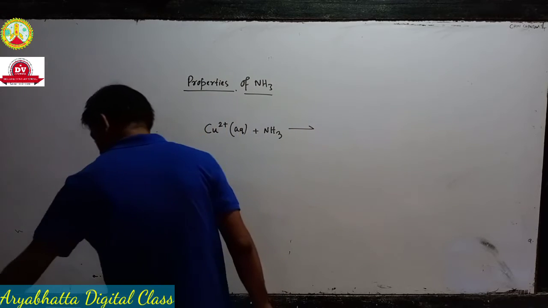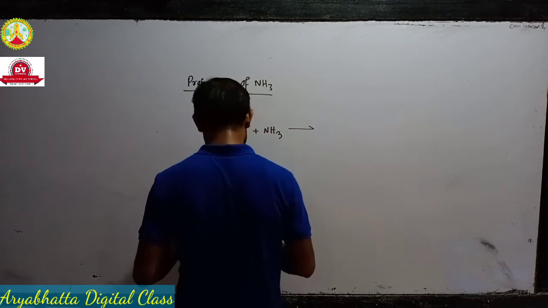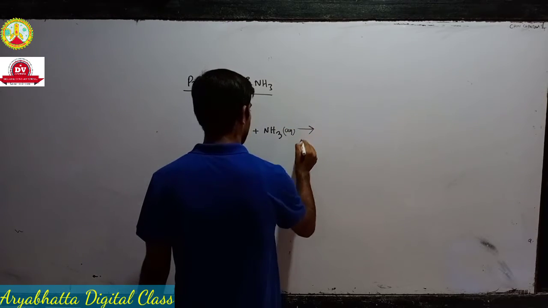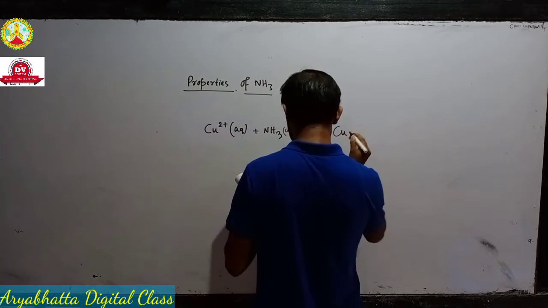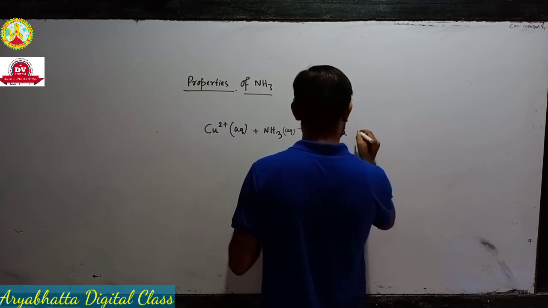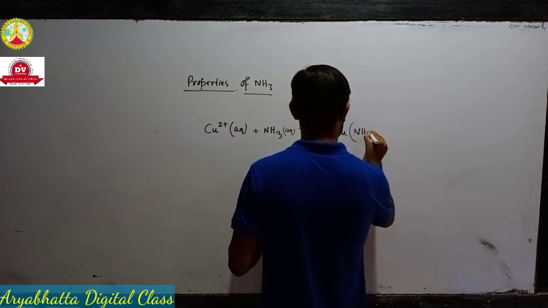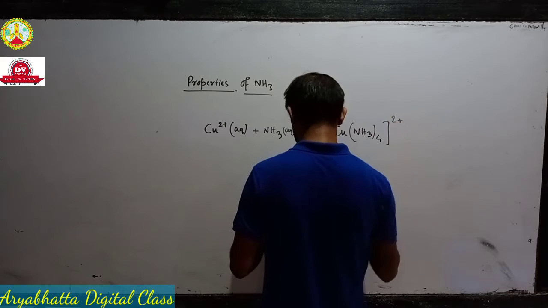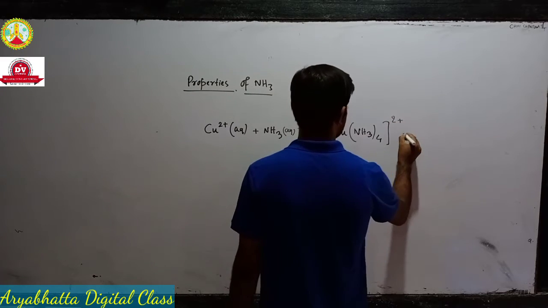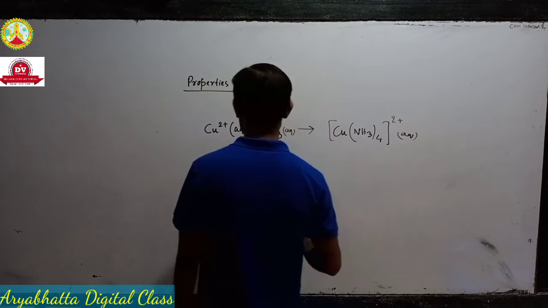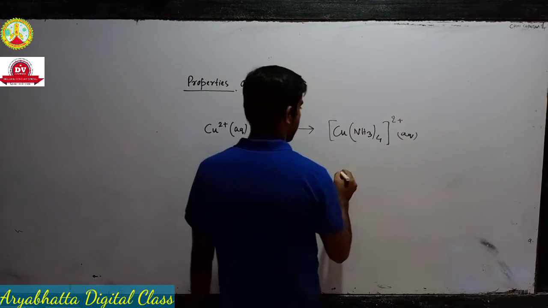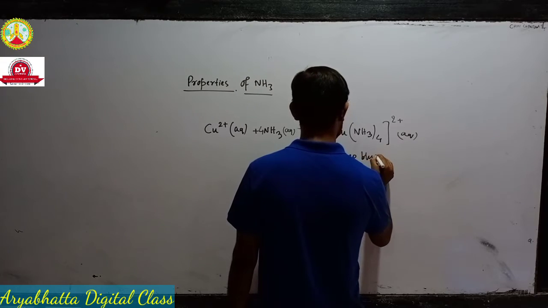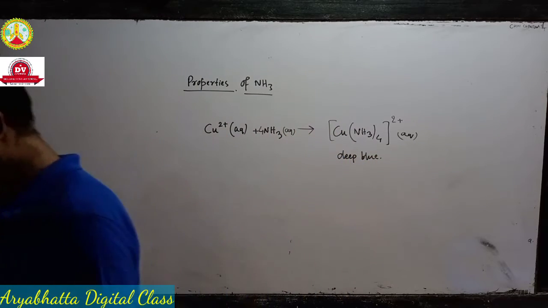When it reacts with aqueous ammonia, it forms tetraamminecopper(II), [Cu(NH3)4]2+. This complex is deep blue in color.